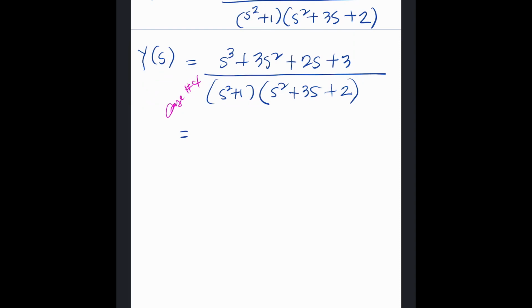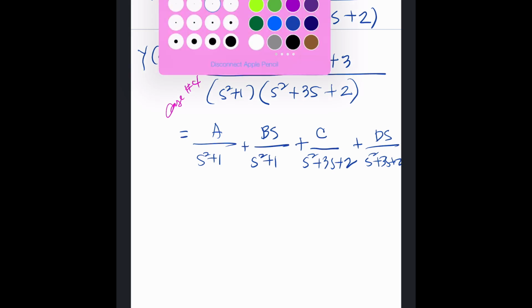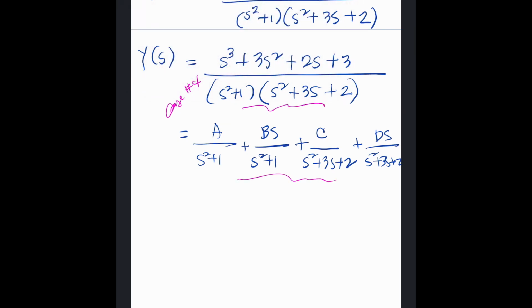So in that sense, we have to equate a over s squared plus 1 plus bs over s squared plus 1, since the denominator or the distinct denominator factor is a quadratic function, plus c over the next term, s squared plus 3s plus 2, plus ds over s squared plus 3s plus 2. So we have to multiply both sides by the LCD of this and LCD of this.